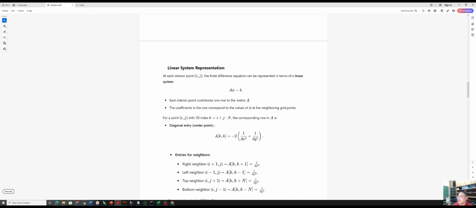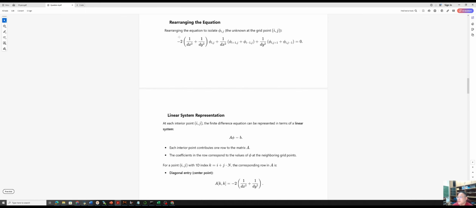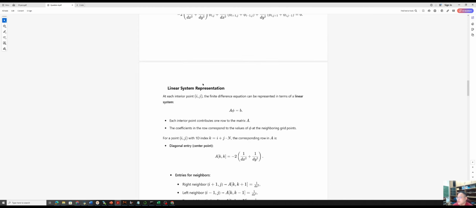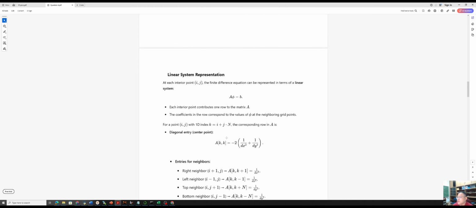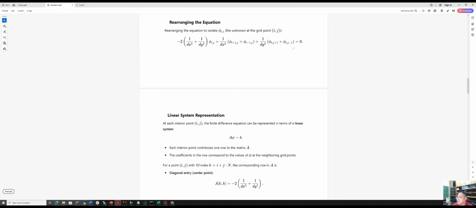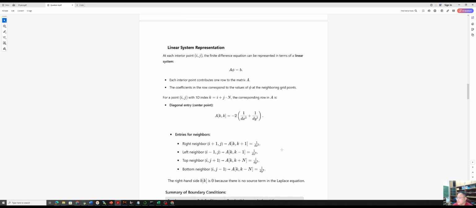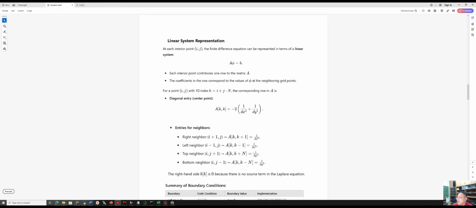Can translate it into this equation, and the grid is given by kk because central. Then you can translate all this, it becomes this: plus 1, minus 1, plus n, minus n.